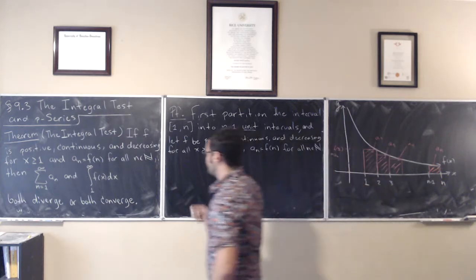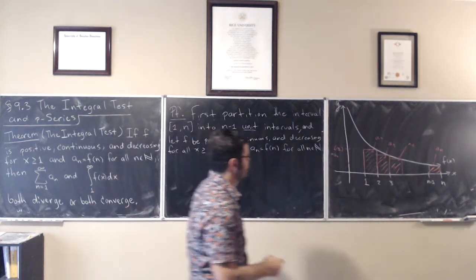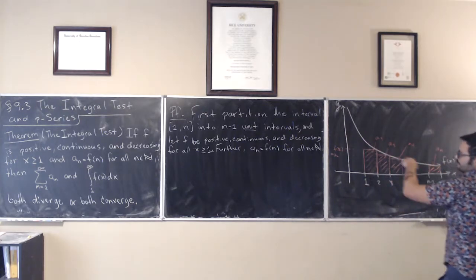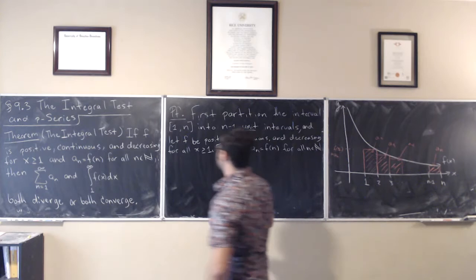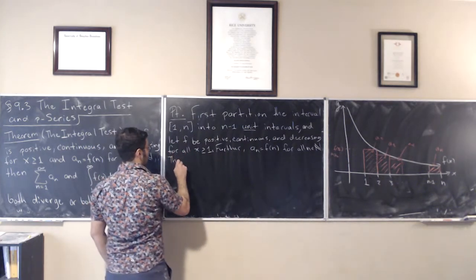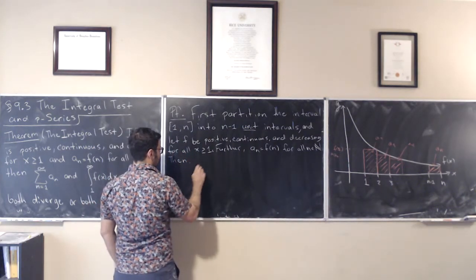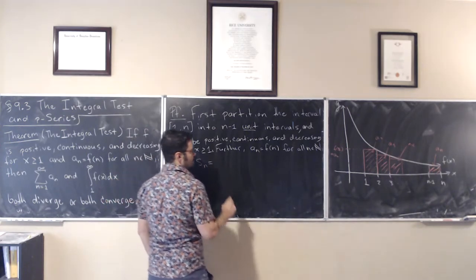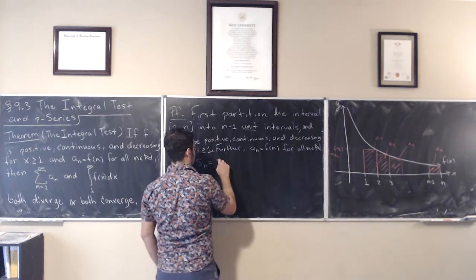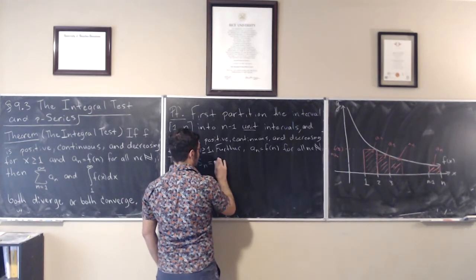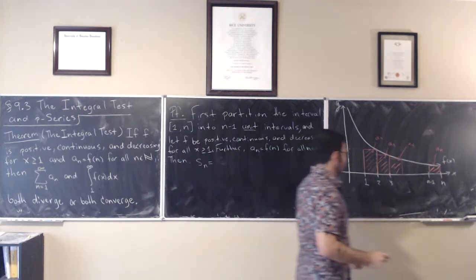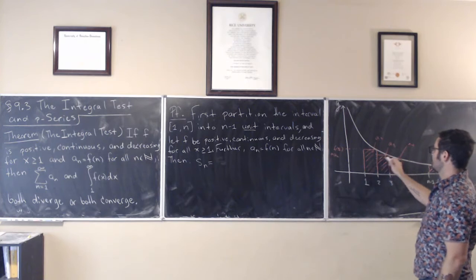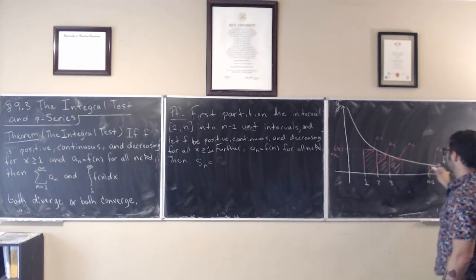So if we look at the partial sums here, we notice that they're below the curve, right? So then what we can say is that since S sub n is the nth partial sum, it's that plus that plus that, all of them.